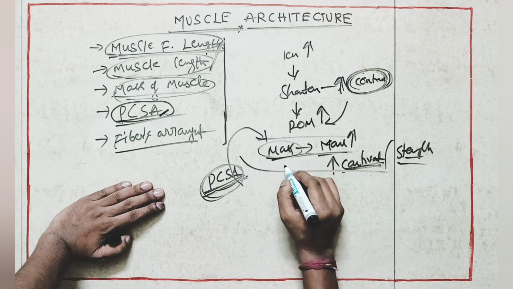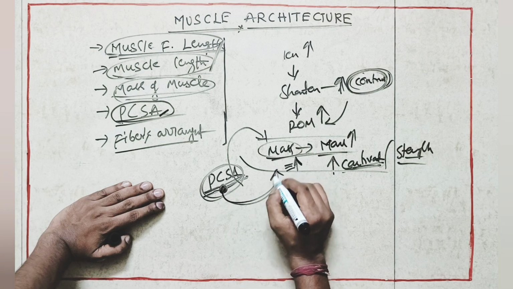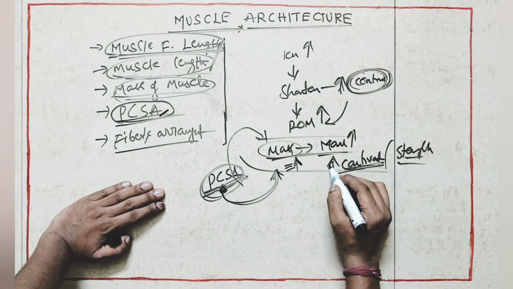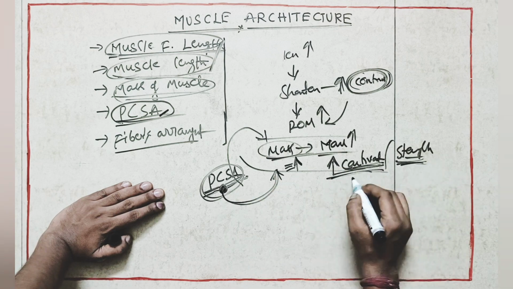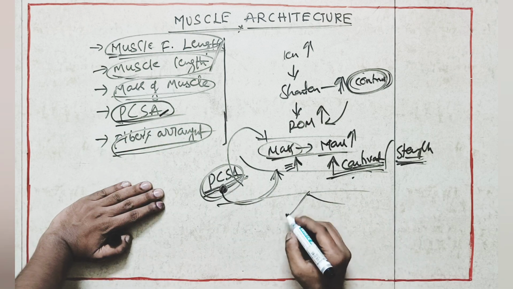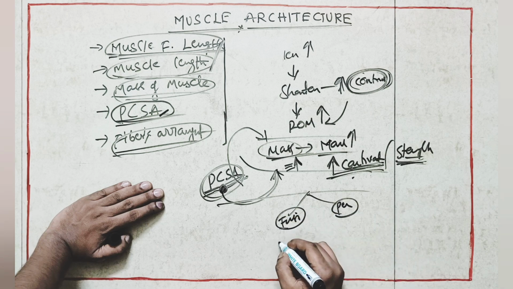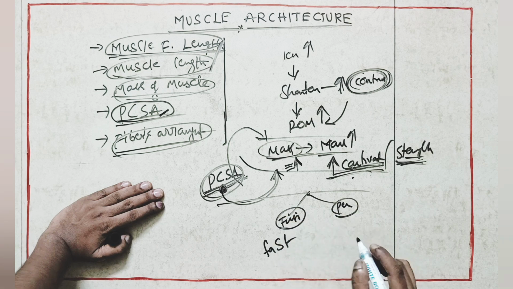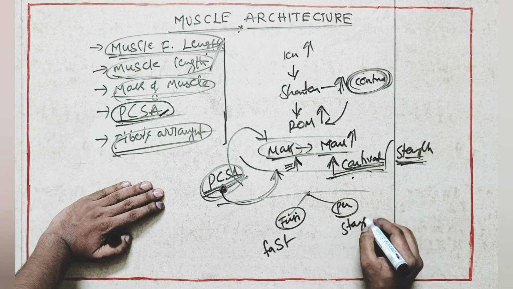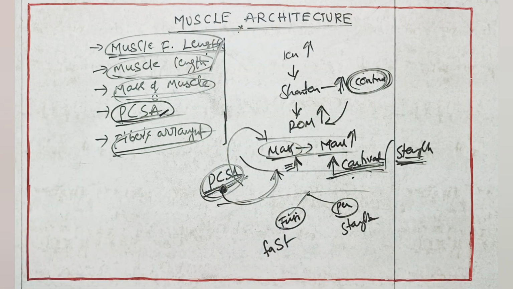If the fibers are more, automatically the physiological cross section area will be more for this muscle, so the contraction increases and the strength will be more. In fiber arrangement we saw two types: first fusiform, second pennate. In the fusiform arrangement the action will be fast; in the pennate the strength will be more. So this is about muscle fiber architecture, length and arrangement. Okay.